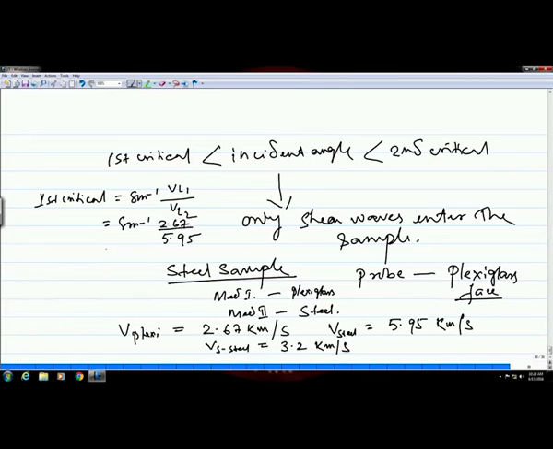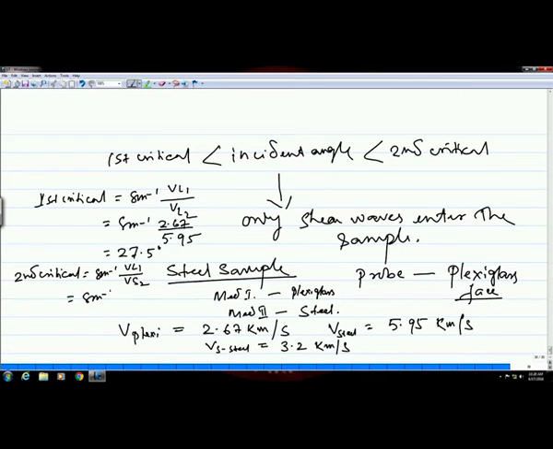So, this will give you an angle which is around 27.5 degrees, and the second critical angle is sin inverse of VL1 by Vs2.